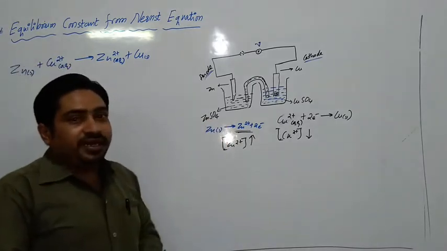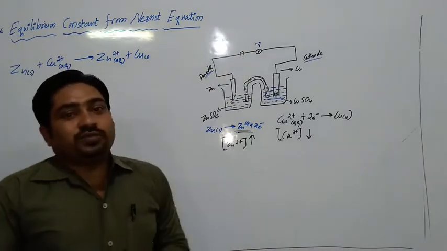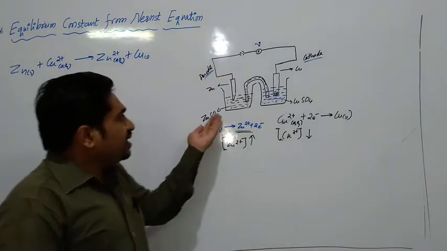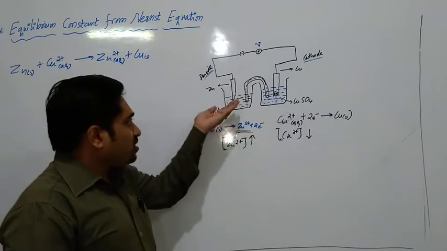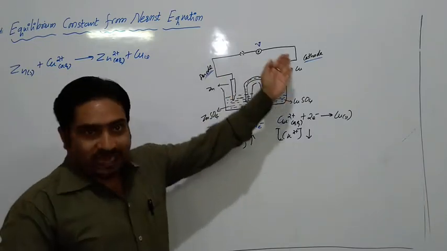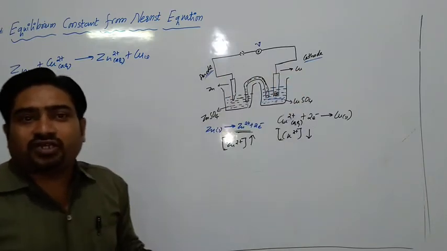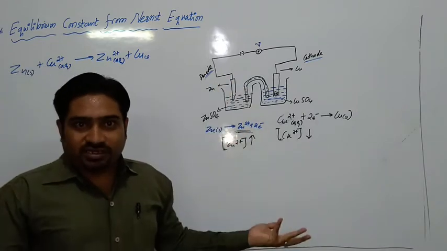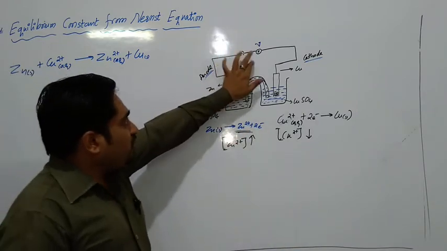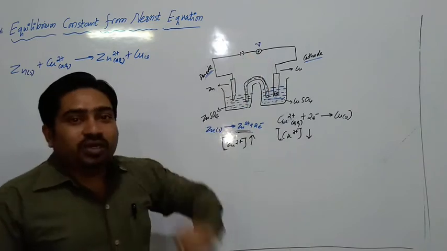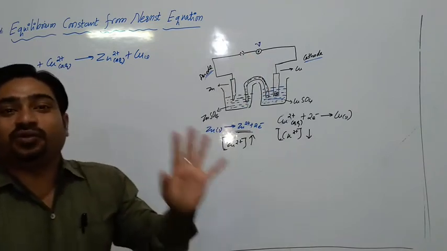At this equilibrium, what happens to voltage? When there is no conversion of ions, there is no transfer of electrons. If there is no transfer of electrons, there will be no potential difference. Means in that situation, the voltage read in the voltmeter becomes equal to 0.